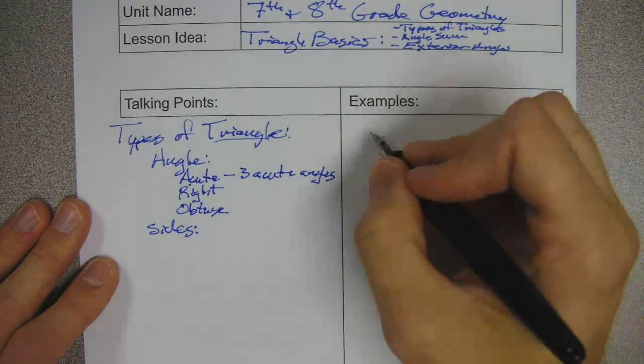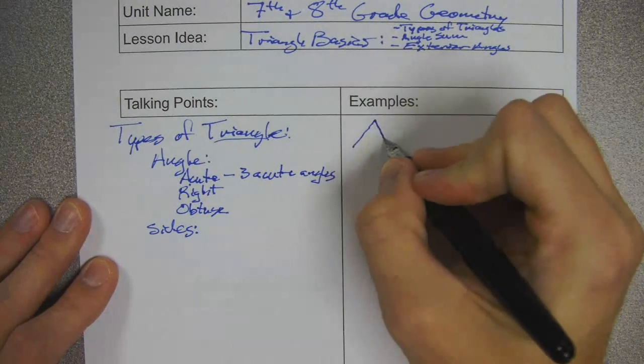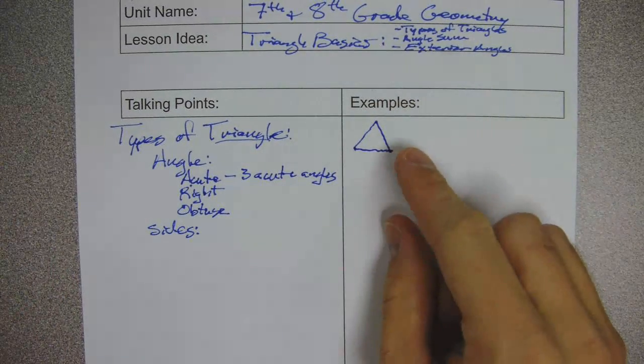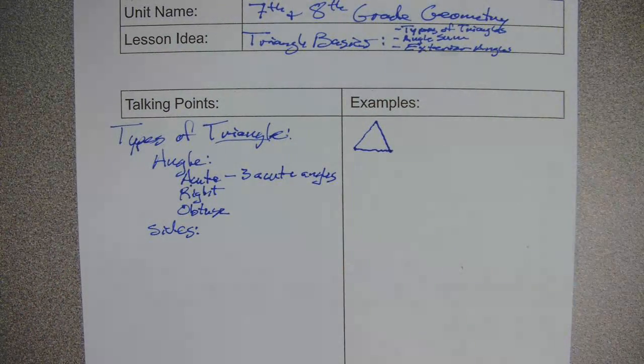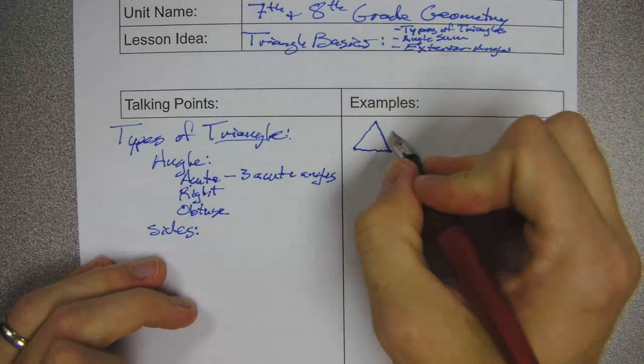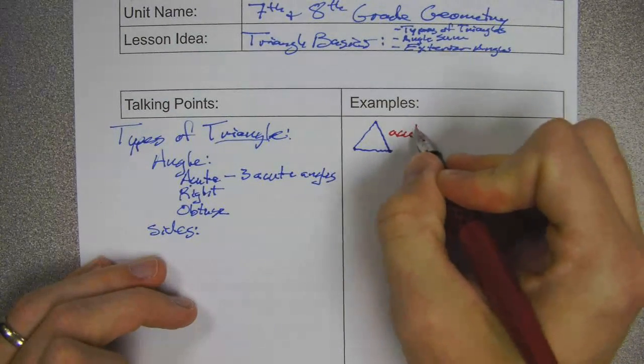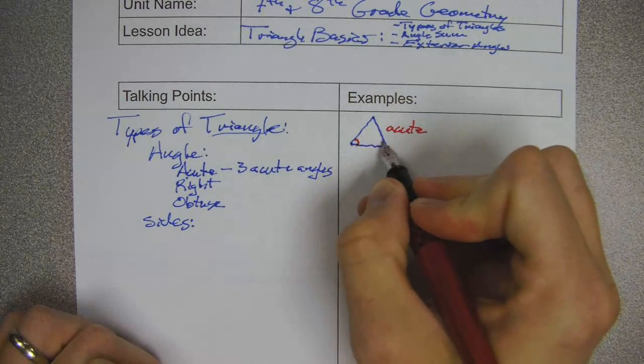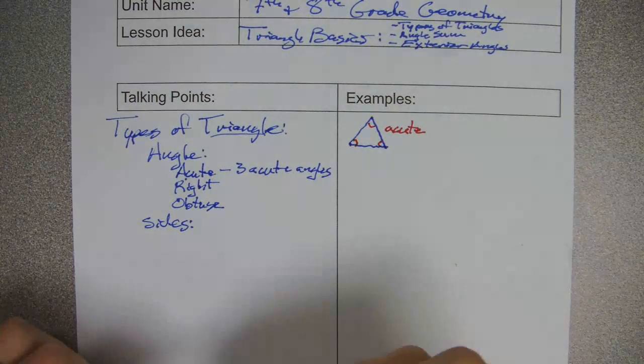So, for example, here is an example of an acute triangle. Notice all of those angles are less than 90 degrees. So this is an example of an acute triangle. Notice all these angles here are less than 90 degrees.